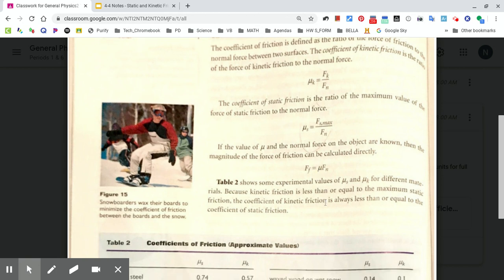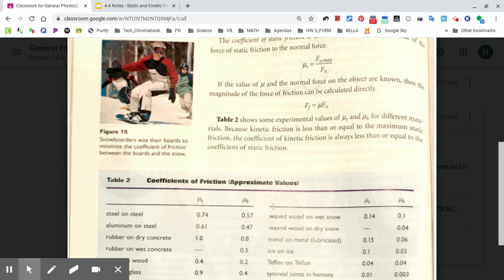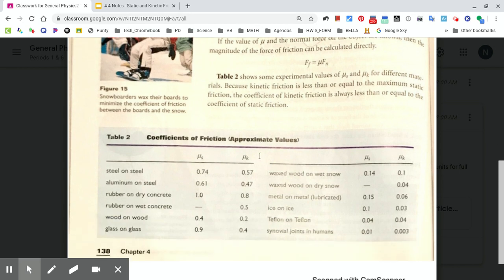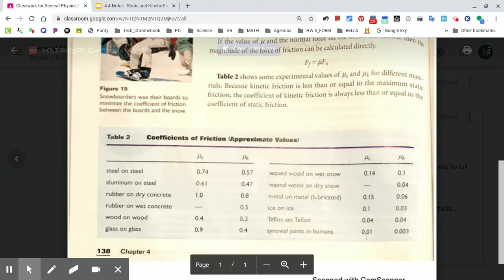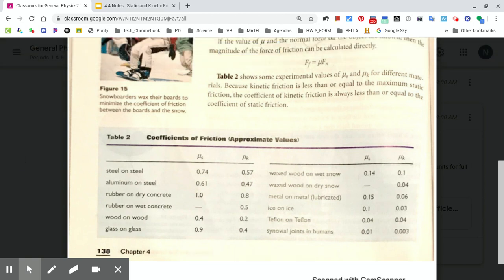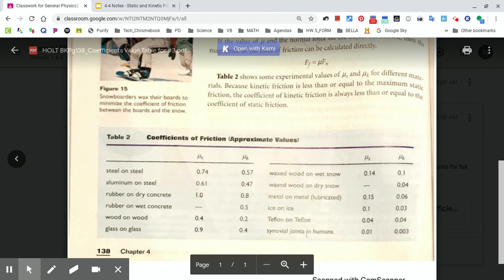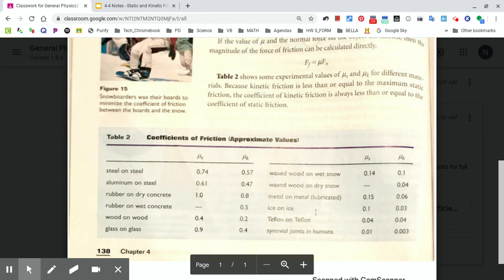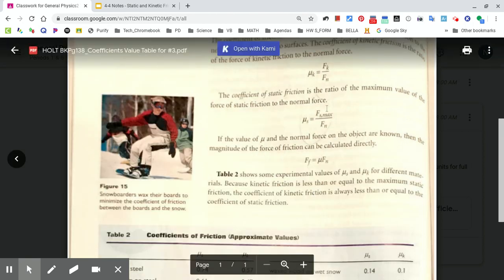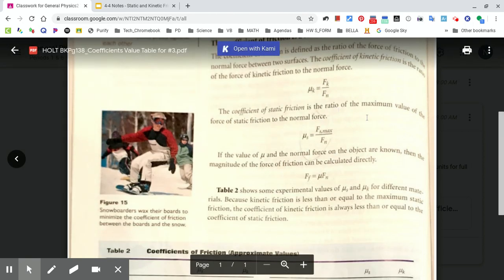You'll see when you do your book problems, these are some experimental values of static, mu s, when things aren't moving, and mu k, when things are moving, as approximate values. We have steel on steel, rubber on wet concrete, glass on glass, ice on ice, metal on metal. So there are all these different things to give you ideas of the coefficient of friction, or that ratio of your frictional force compared to your normal force.